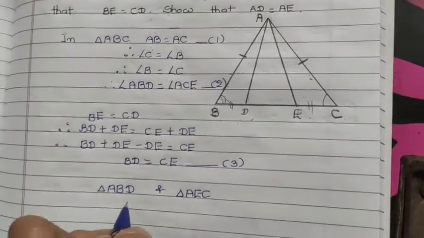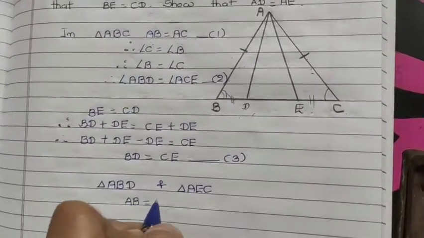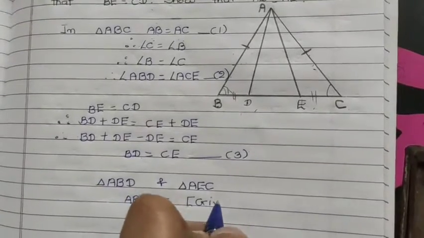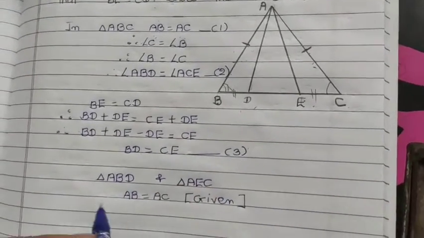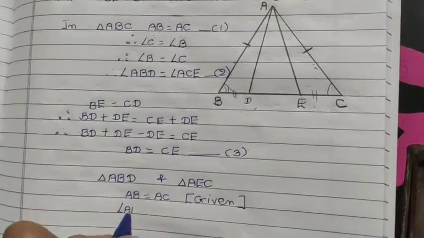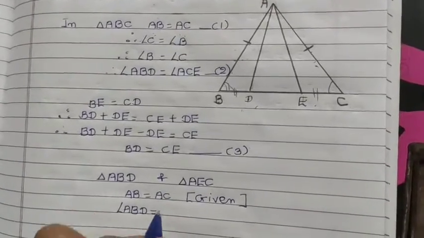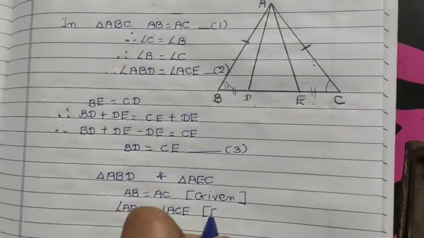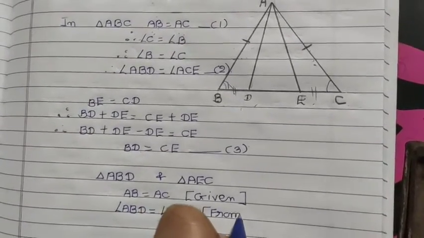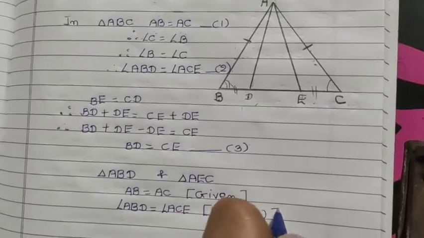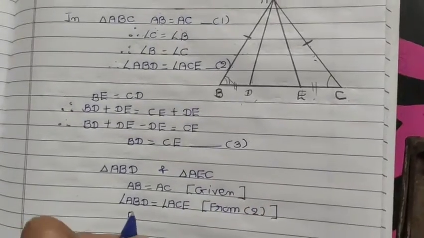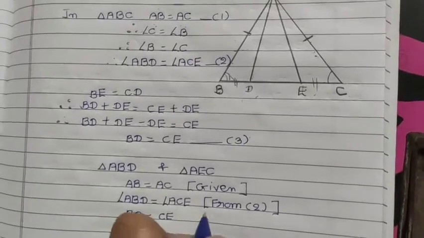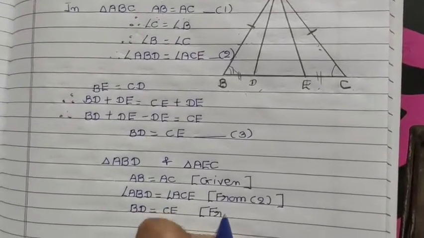So first, AB is equal to AC, that is given. Second one, angle ABD is equal to angle ACE, that is from 2. And BD is equal to CE, that is from 3.